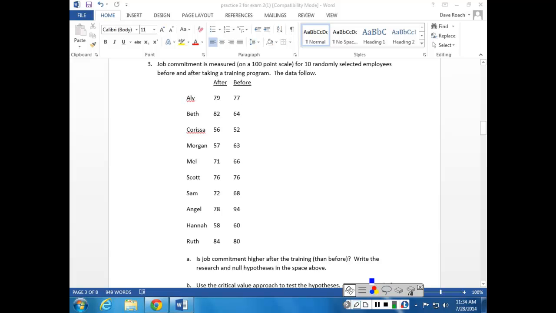Okay, so again, in this problem, we have after and before, and each row is just one person. So really what we're going to do is focus on the improvement that each person made.